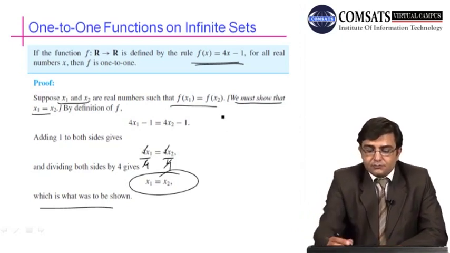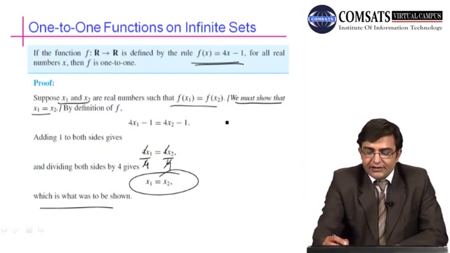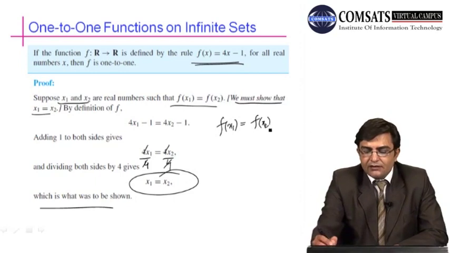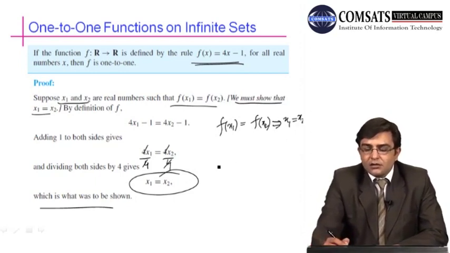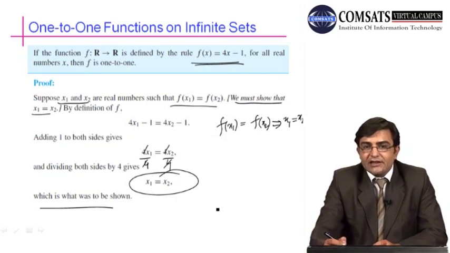So we started by supposing images are equal, and we have proved that pre-images are equal. So we have proved that this function is a one-to-one function. We can use the alternative technique.